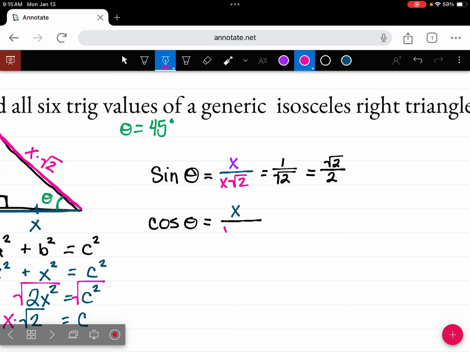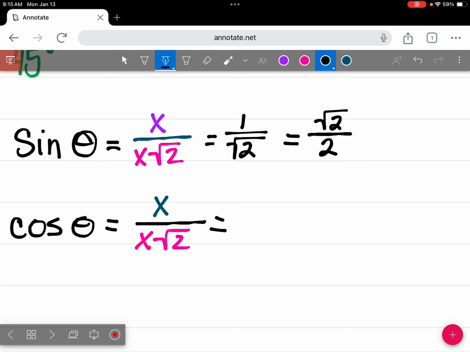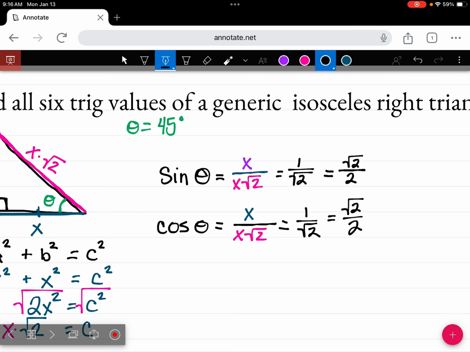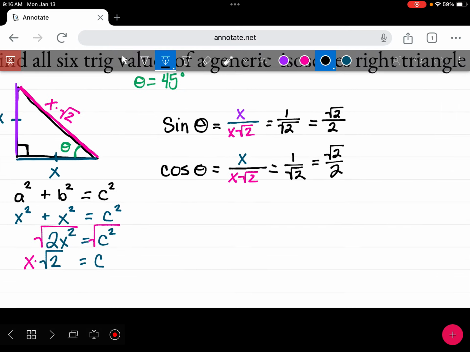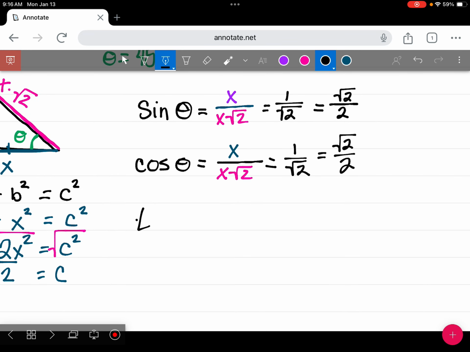It's going to be our x over our x square root of 2 again. So again, those x's are going to cancel out, and we get our 1 over the square root of 2, which again rationalizes to the same exact thing, that square root of 2 over 2. Then let's do our tangent.